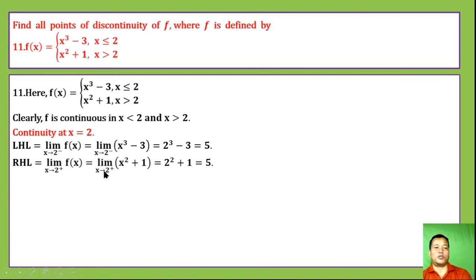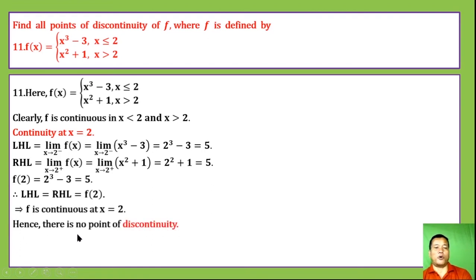Right hand limit at 2 is also 5. F of 2 is also 5. Left hand limit equal to right hand limit equal to f of 2. Implies f is continuous at 2. Hence, there is no point of discontinuity.